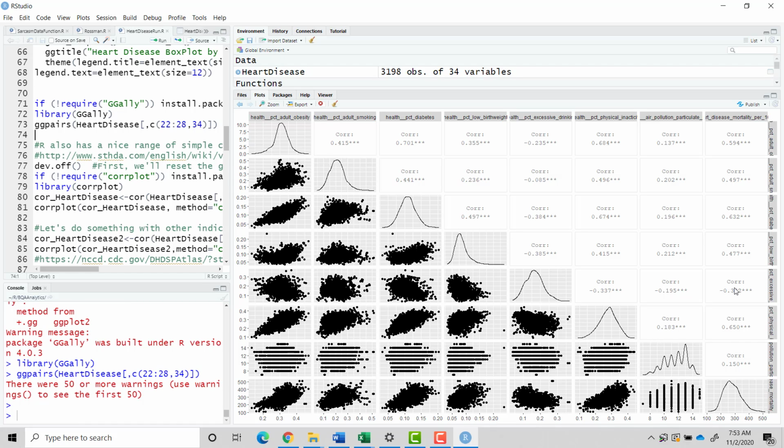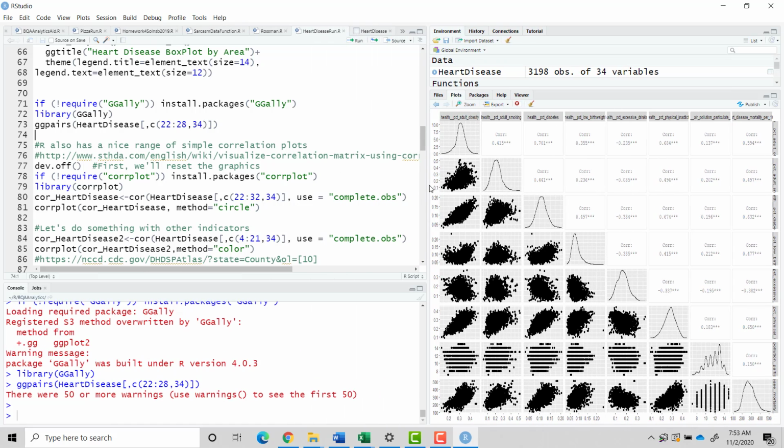I don't know. But excessive drinking is a negative correlation. Physical inactivity is a positive correlation, and the particulates measure of pollution is also a positive correlation.